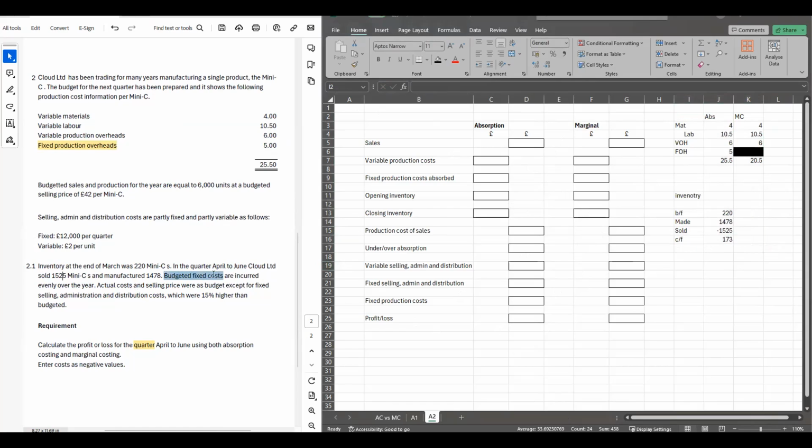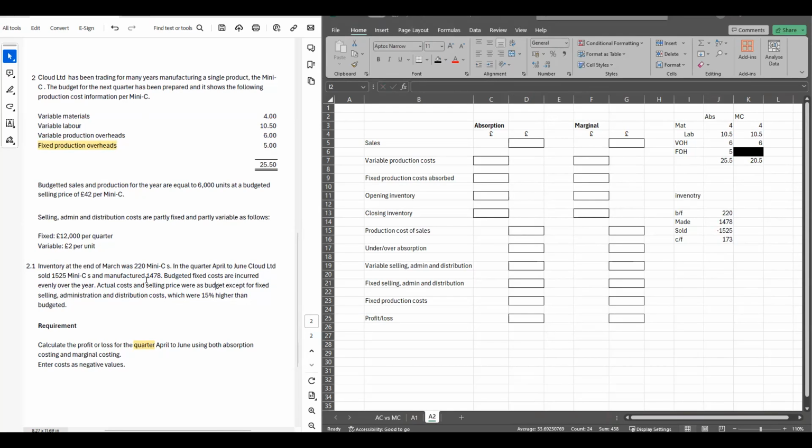Then it goes on to tell us the budgeted fixed costs are incurred evenly over the year, and the actual cost and selling price were as budget, except for fixed selling, admin and distribution costs, which were 15% higher than budgeted. So really important, I just want to flag this, is that the question wording is subtly different to the previous question.